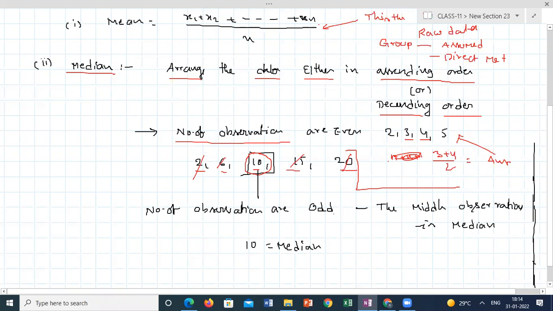If the observations are even, suppose I have 6 observations: 2, 3, 6, 7. Then there are two middle observations.